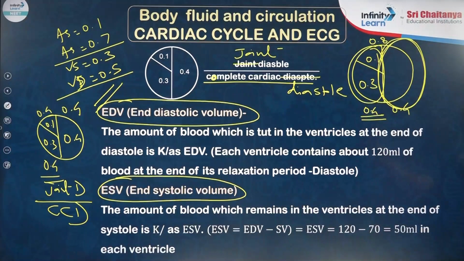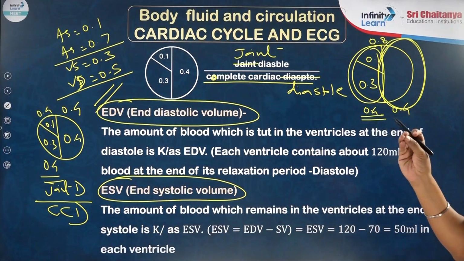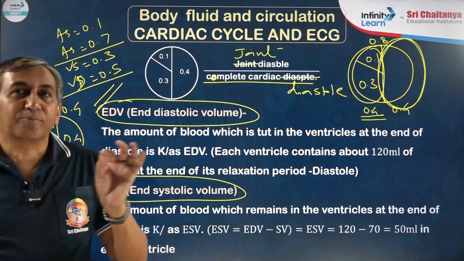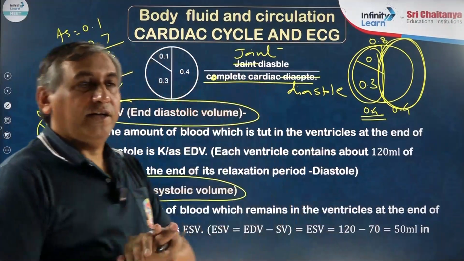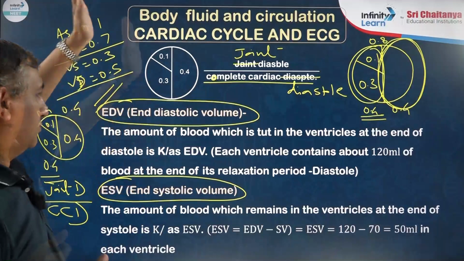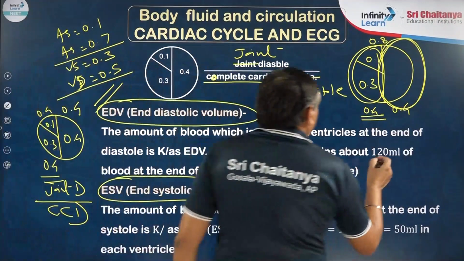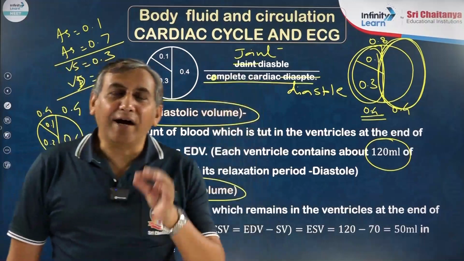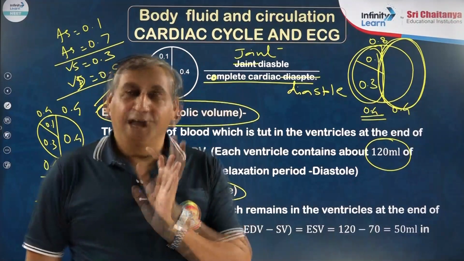Please see towards the board. At the end of diastole, how much volume of blood is present in the ventricles? It is known as the end diastolic volume. You have to remember, this is about 120 ml. Are you getting it?